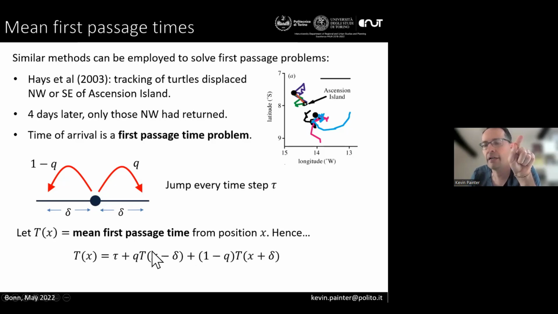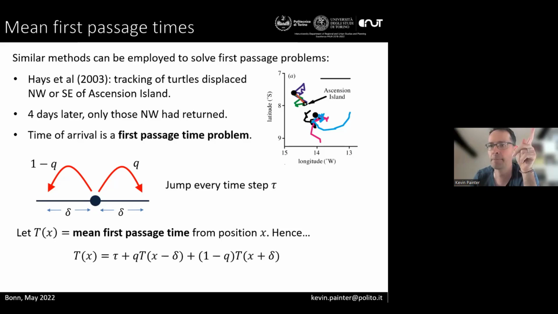If you were to go to X minus delta, then you would have jumped right with probability Q. If you were to go to X plus delta, you would jump left with probability 1 minus Q. But of course, this has also taken an amount tau of time, so we need to add that tau to this equation as well.